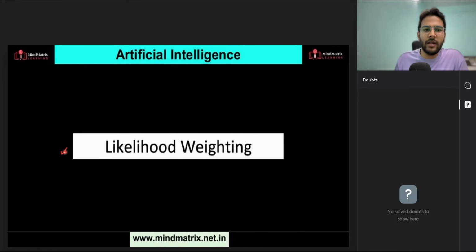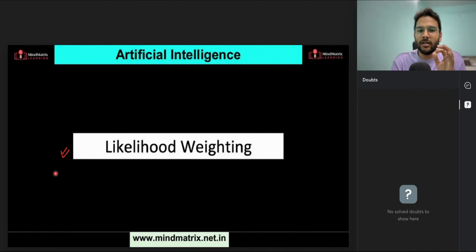Now we have the next type of sampling, which is likelihood weighting. Let's try to understand it. In order to understand this, we should first know what the problems with rejection sampling are. If we can answer all the questions using rejection sampling, then why do we need likelihood weighting?